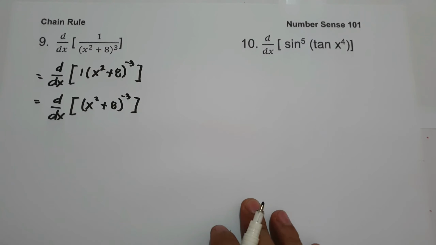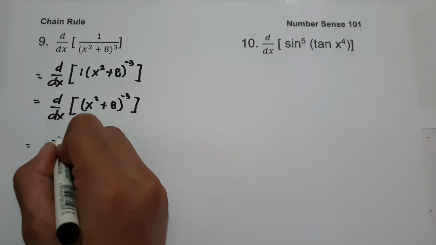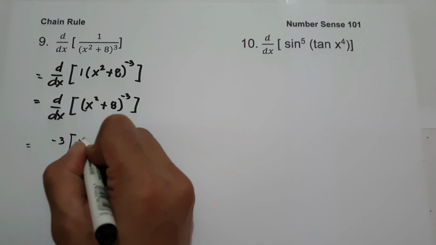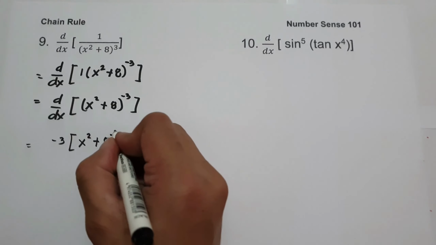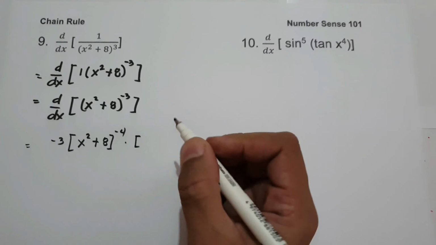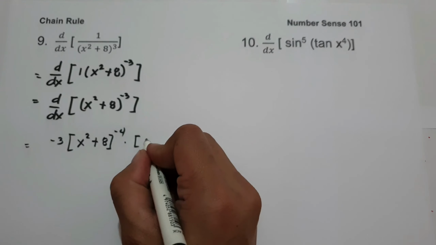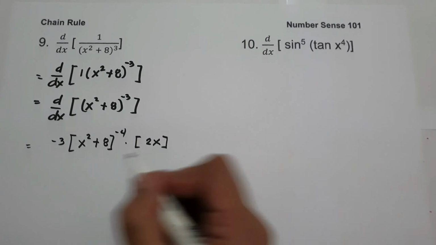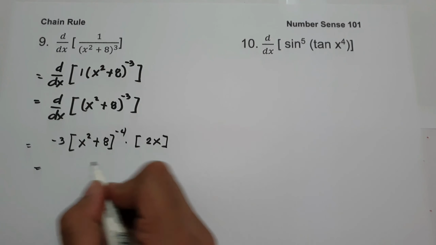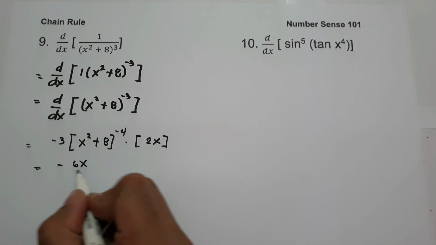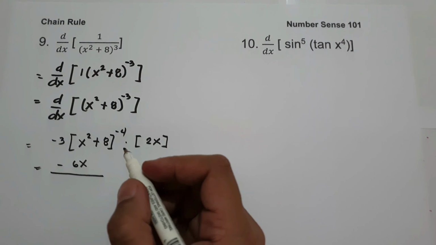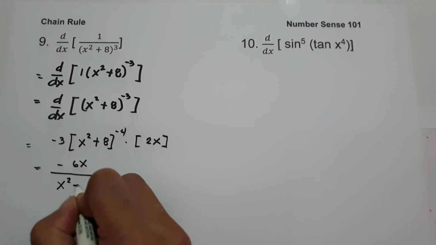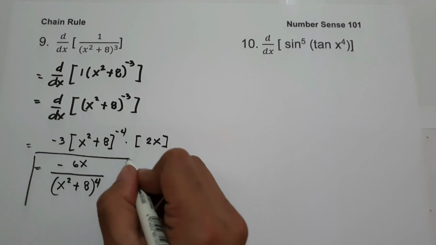And then to simplify, let us have n, that is negative 3, and then u, that is x squared plus 8, and negative 3 minus 1, that is negative 4, multiplied by the derivative of x squared plus 8, that is 2x. And let us have negative 3 multiplied by 2x, that is negative 6x. And then, let us rewrite this one on the denominator to eliminate the negative sign. So we are going to have x squared plus 8 raised to positive 4. And this will be our answer.